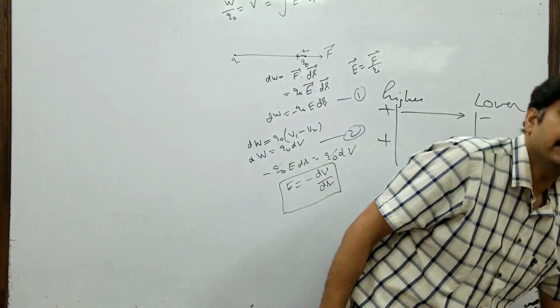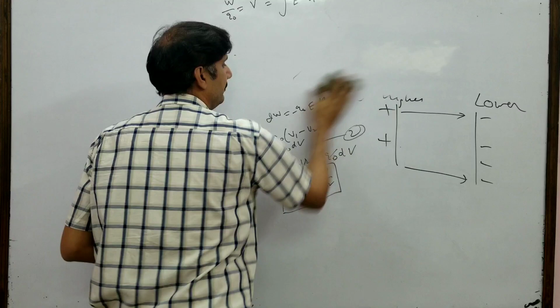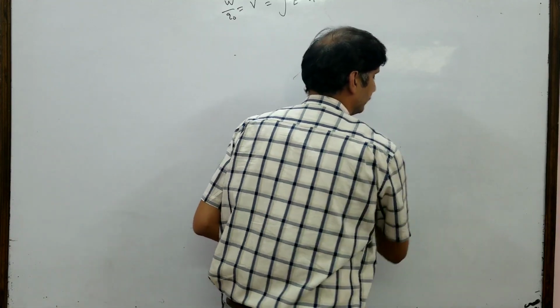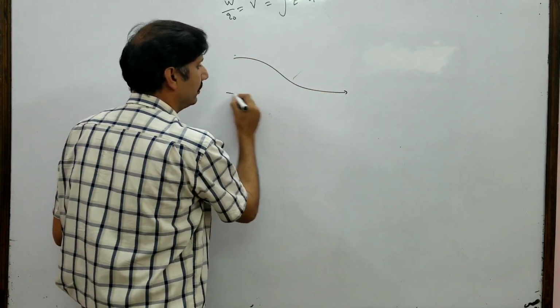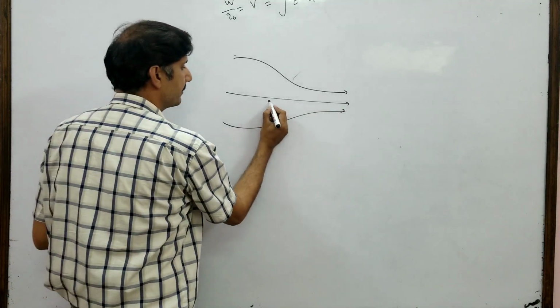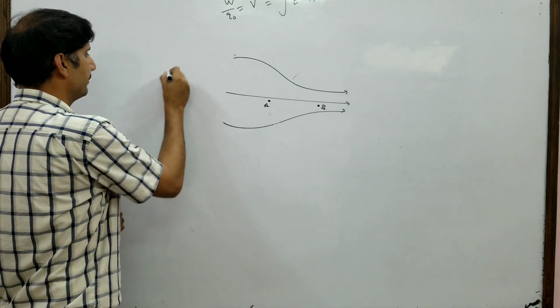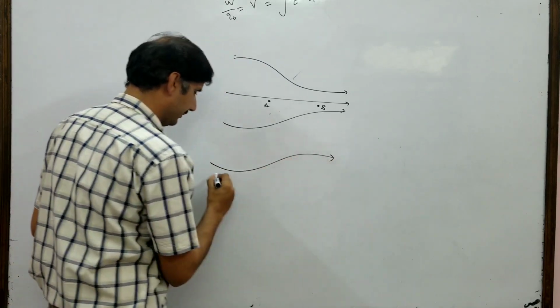Now, it can be an interesting question to discuss based on this. Let's say I have been given various cases like this. Case number 1, this is point A, this is point B. Case number 2 is opposite to it.